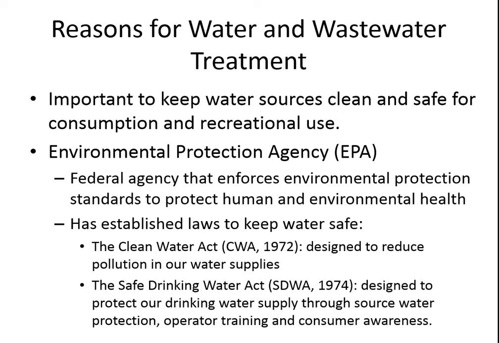And then the Safe Drinking Water Act of 1974 was designed to protect our drinking water supply by protecting that source water, but then also by applying regulations to the water and wastewater treatment process, how operators in those processes are trained, and how consumers are educated about clean and safe drinking water.